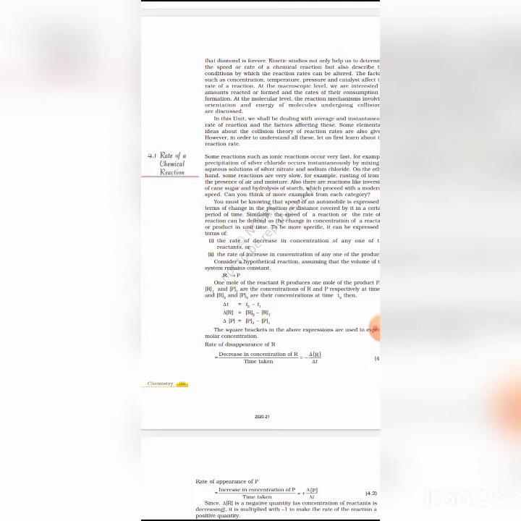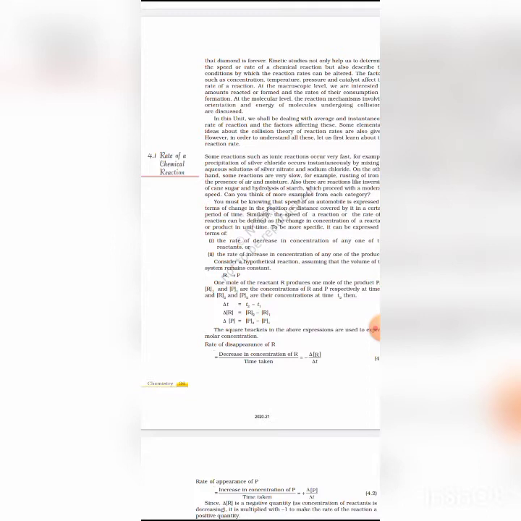Minus del R by del T means rate of change of concentration of reactant by change of time. And del P by del T means change of concentration of product by time changes.